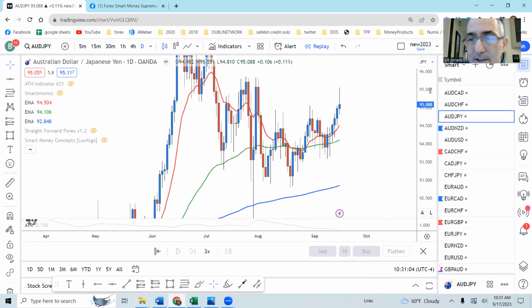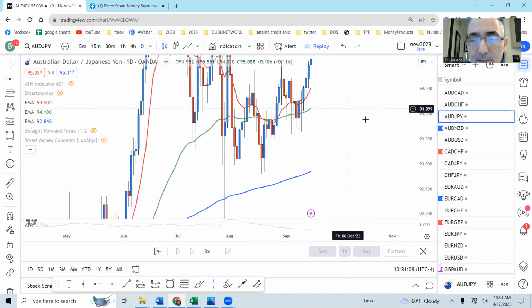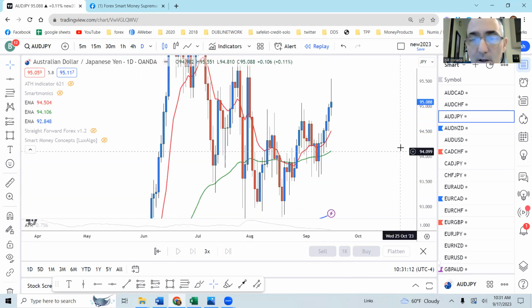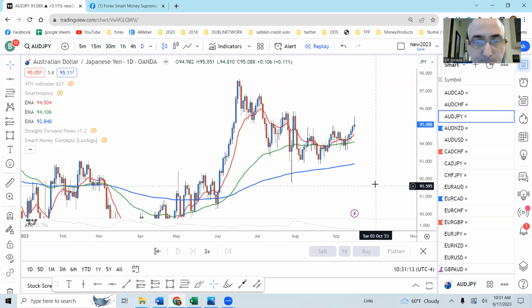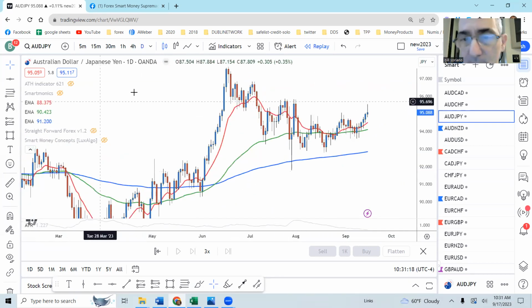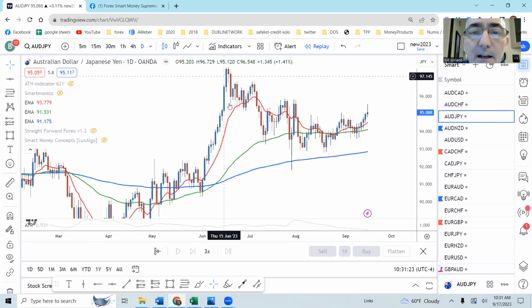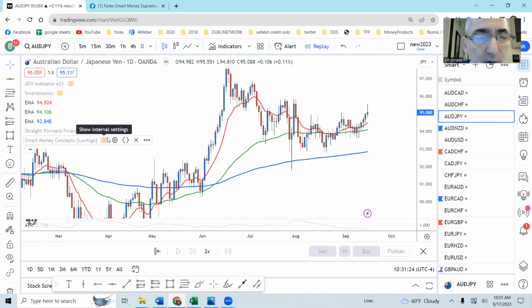Okay, we don't need that indicator on the daily chart. We only need it on the 4-hour chart. So as we can see here, this has been pretty bearish. It did have a move down, but overall the trend is bullish, I'm sorry. There was a move down, but not enough to change trend. And so we're still bullish here on AUDJPY.